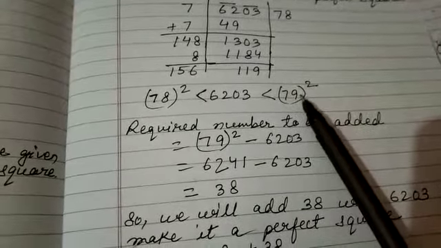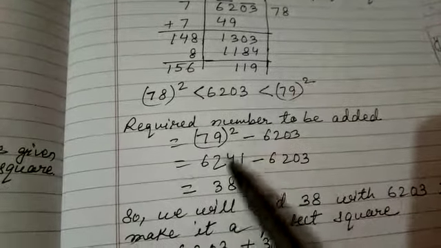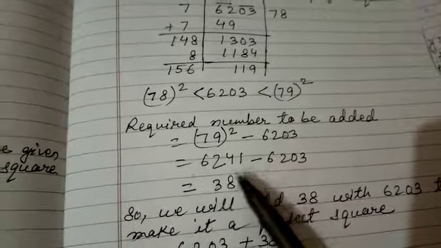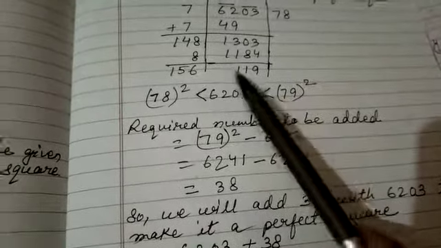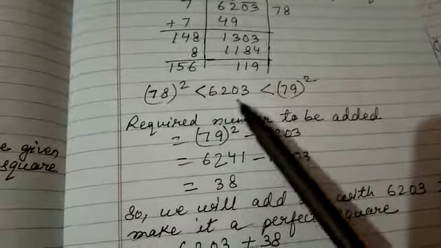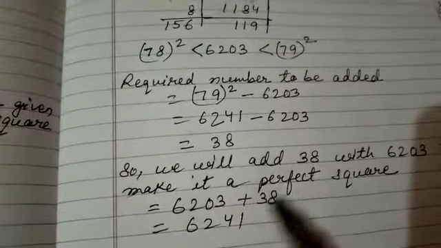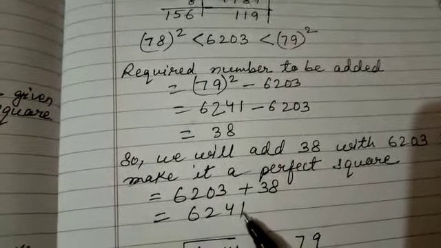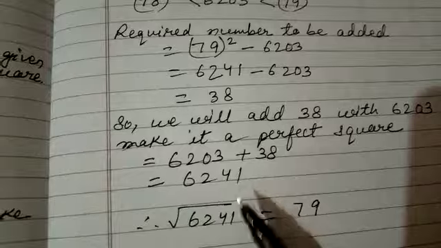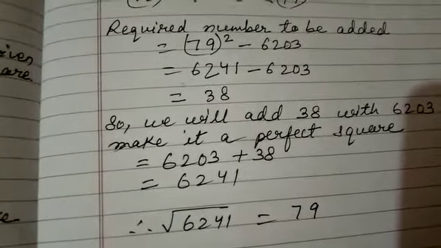The next number is 79. So 79 square is 6241. So how much do we have to add to 6203? That is, we subtract the given number from 79 square. So 38 will be added to the given number to get the perfect square, that is the square of 79.